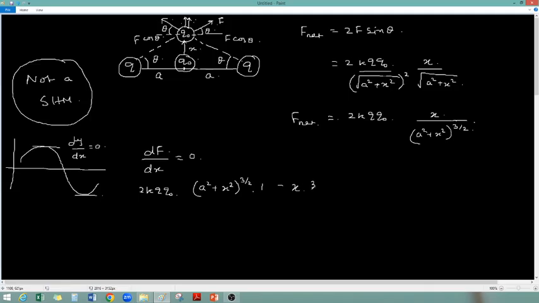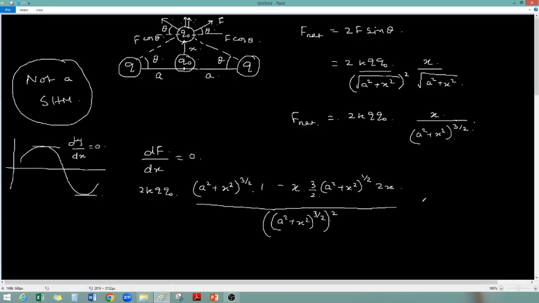It will be 3 by 2 a squared plus x squared to the power 1 by 2, and by chain rule if I differentiate, this will become 0 and this will become 2x. So basically I will just differentiate it using the u by v method. And then v squared, so this is squared, and that is equated to 0.